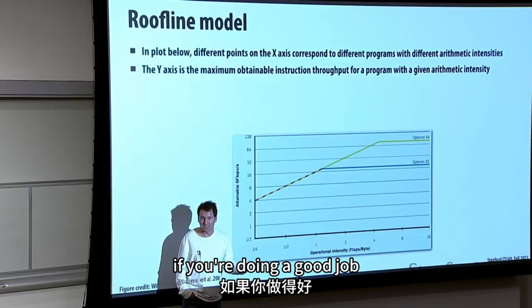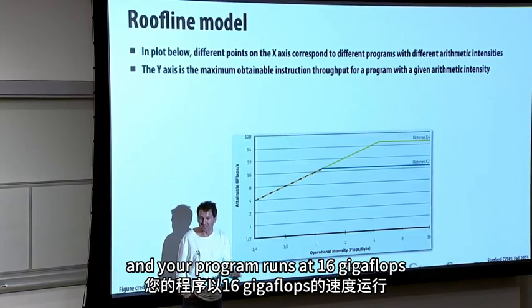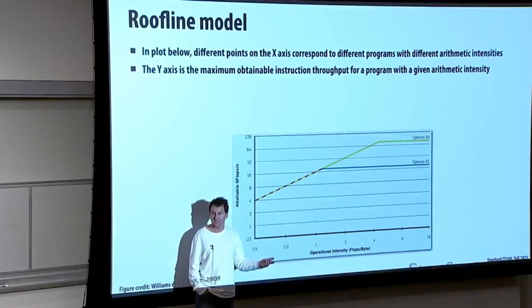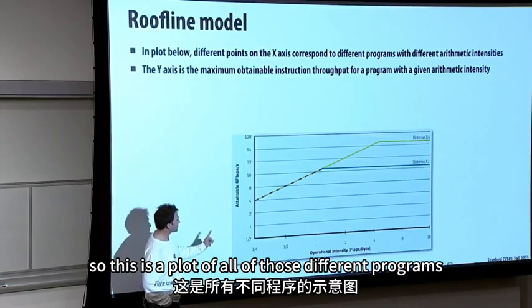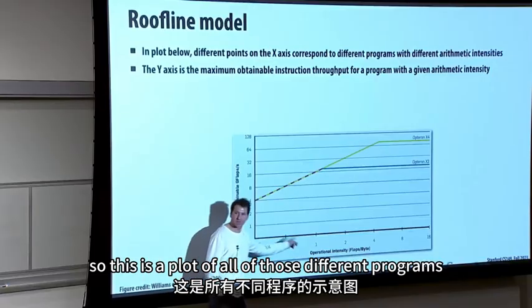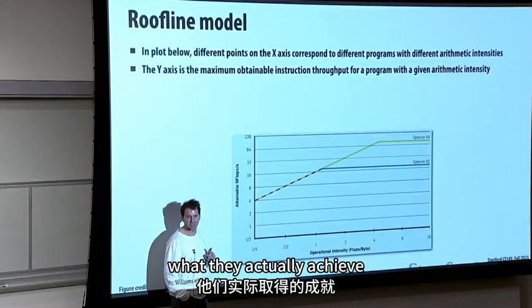If you're doing a good job and your program runs at 16 gigaflops, you're like, this is as good as I can do, right? So this is a plot of all of those different programs, what they actually achieve.